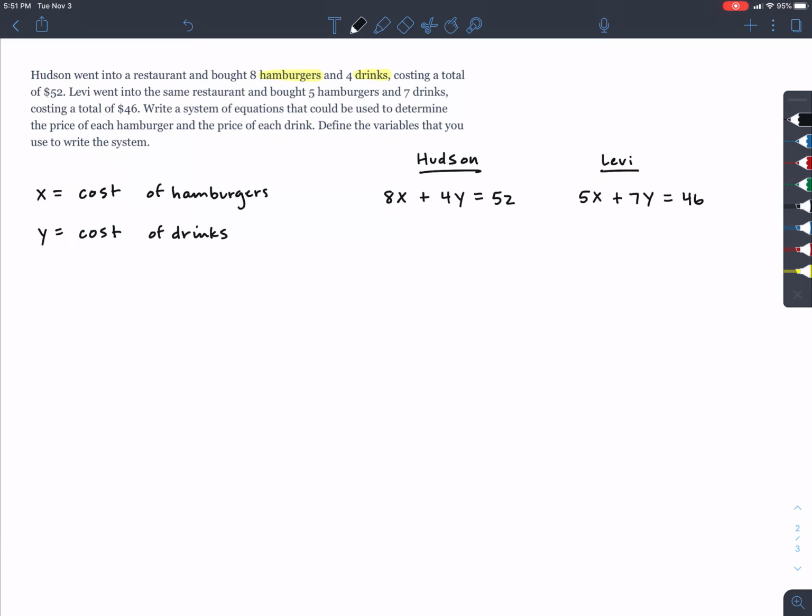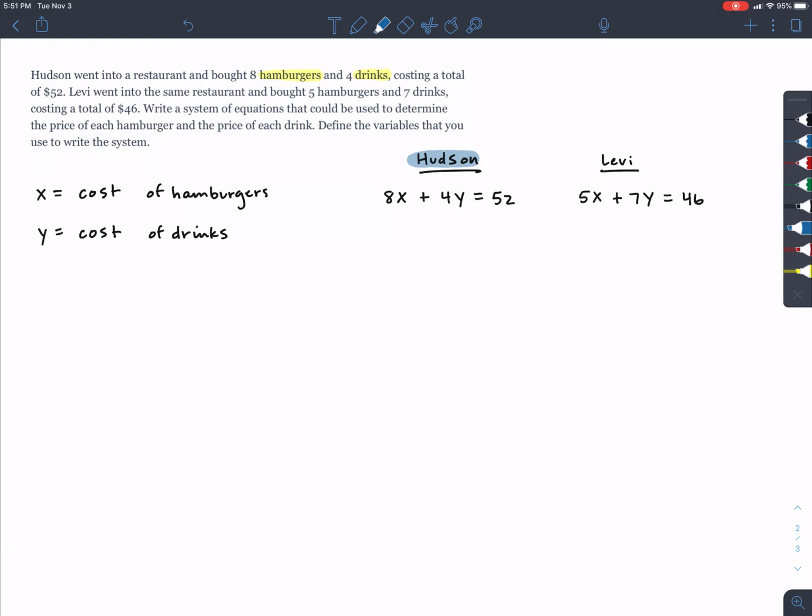Now we're going to figure out a way to solve. So notice that I have some coefficients here for my variables, all right? Our process is going to be the same as the previous video, but we just have a little extra algebra steps, okay? So the first thing that I'm going to do for one of these equations, and it really doesn't matter which, but I am going to start with Hudson, is I want to isolate one of my variables.